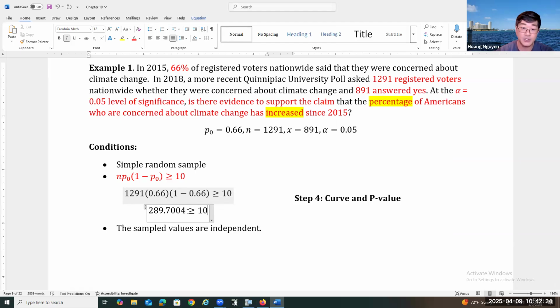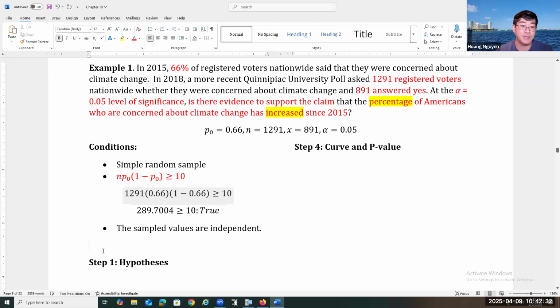So this condition is true. The first condition, simple random sample, we checked, it's good. The second requirement, n times p0 times 1 minus p0 more than or equal to 10, is good. The third requirement, make sure that each individual that we selected in this sample is independent. Those are the three requirements. They are checked, we're good to go.